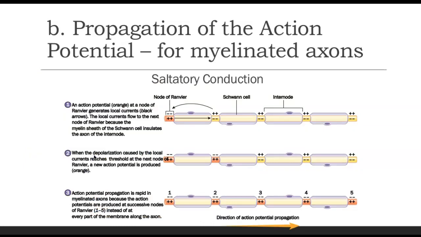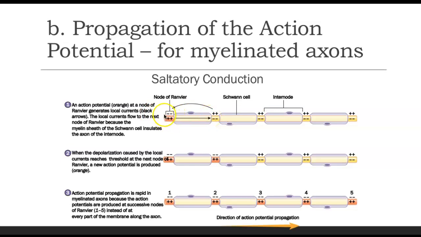And then within our myelinated axons, that propagation of an action potential is going to take place through something called saltatory conduction. Here we have an action potential taking place at the nodes of Ranvier, so this is really where action potentials are going to take place. They skip through the myelin sheath.